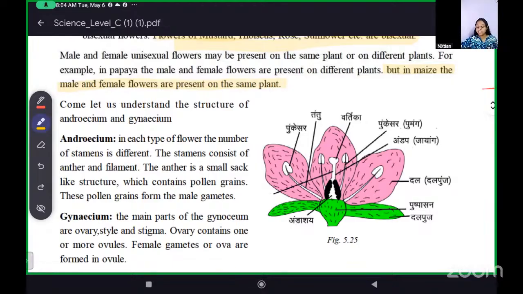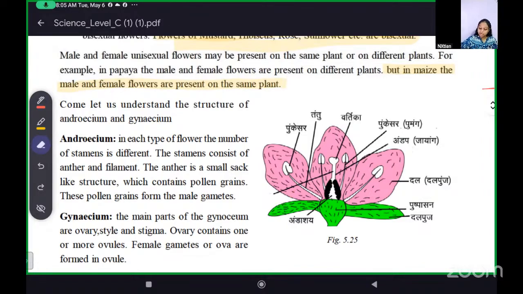Now, what is the structure of androecium and gynoecium? Androecium is the male part of the plant. It has stamens, and in each type of flower, the number of stamens is different.